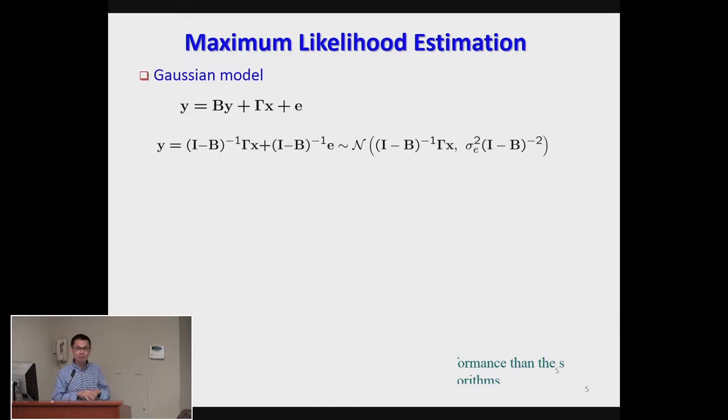This optimization problem has millions of variables and is non-smooth and non-convex. We developed an algorithm, estimated the gene network, and compared the performance of this method with other state-of-the-art methods. We got the best performance. So I guess that's all.